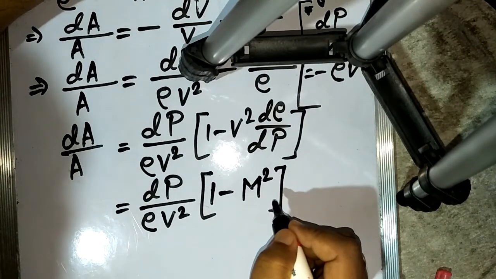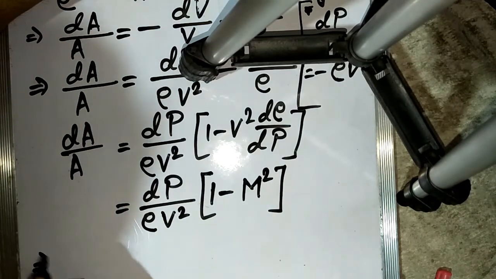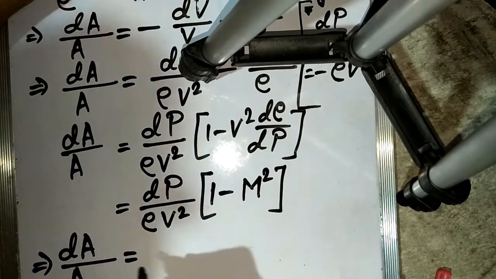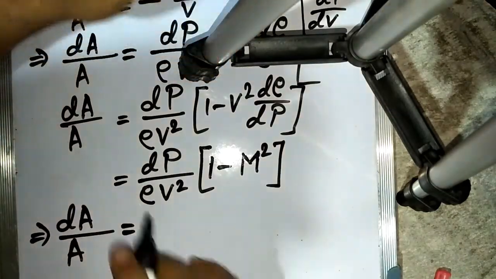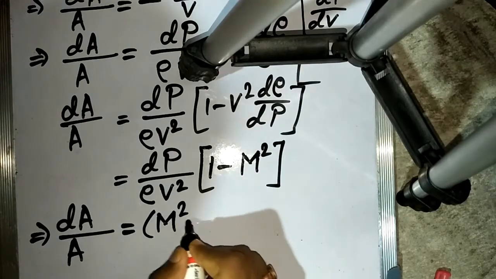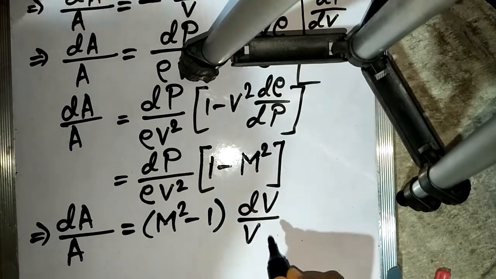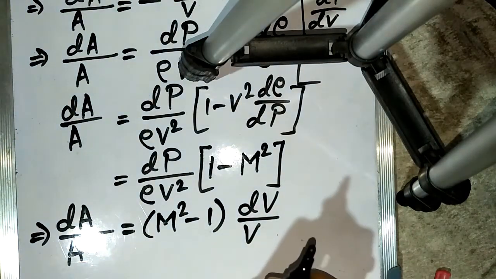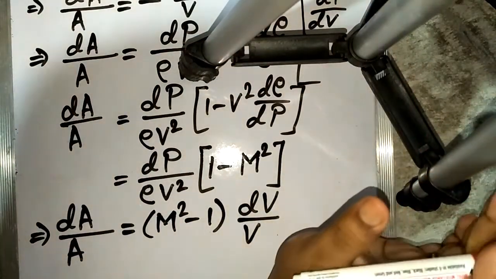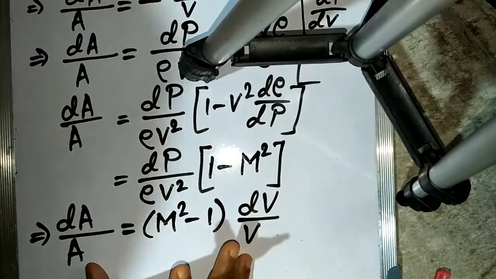So we can write dA by A equals M square minus 1 into dV by V. This is the relation between the area and the velocity with the Mach number.